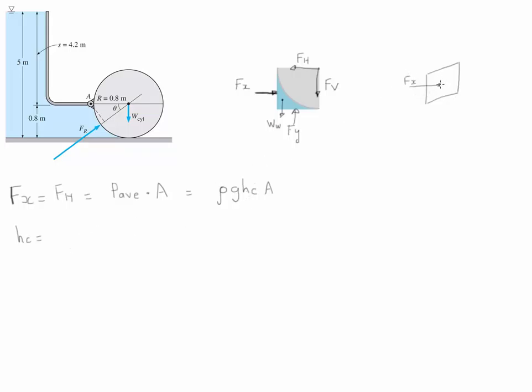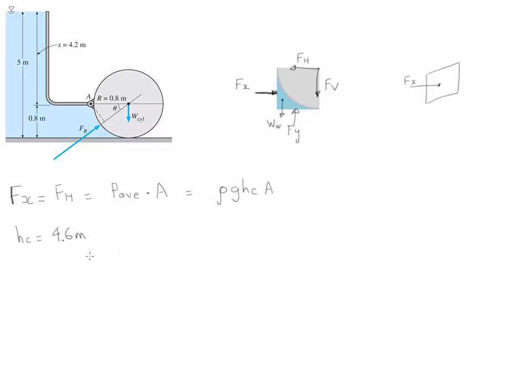Therefore, the middle of it is where the centroid is going to be, and the height from here to here is equal to 0.4. And from the top, we notice that from here to here is going to be 4.2. So 4.2 plus 0.4 is going to be equal to 4.6 meters.